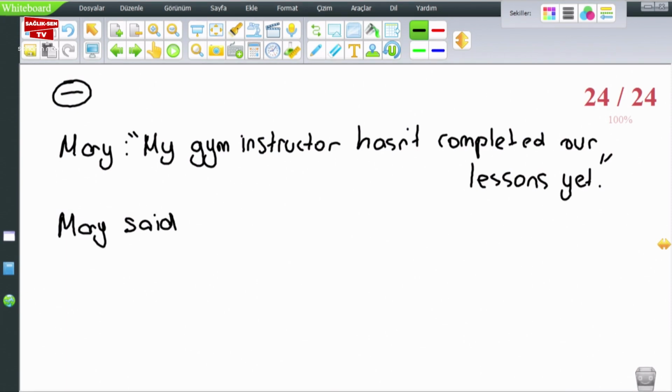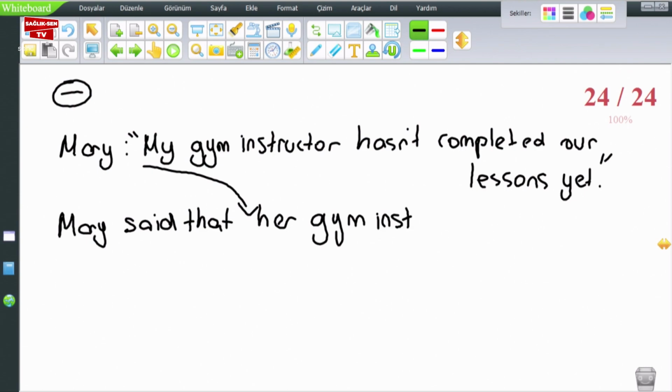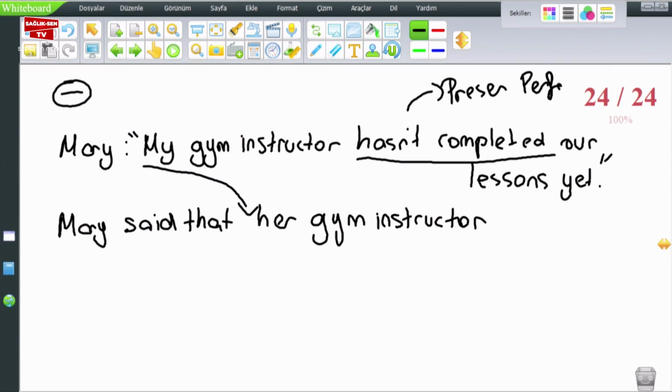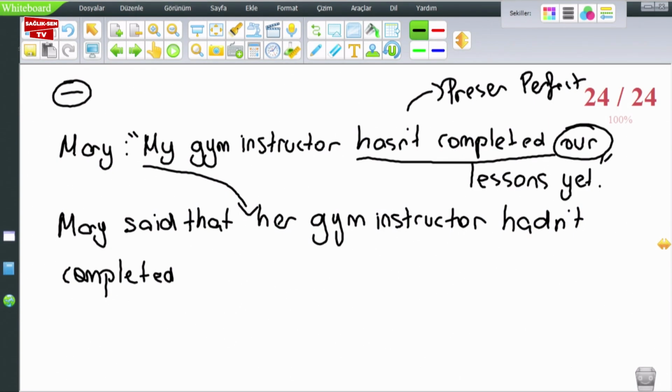Mary said that her gym instructor... As you can see, the tense of this sentence is present perfect. It means that I have to use past perfect, hadn't completed, and I also have another possessive adjective which I will deliver as their lessons yet.